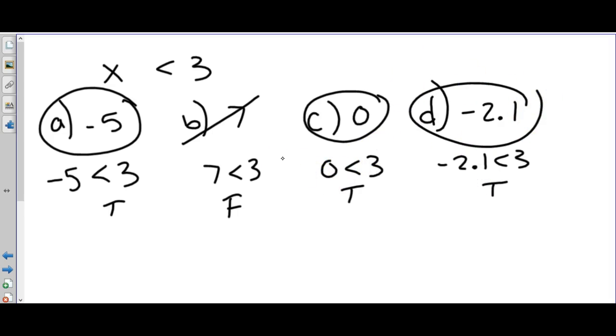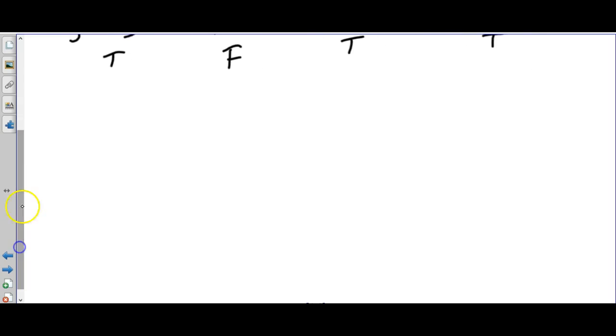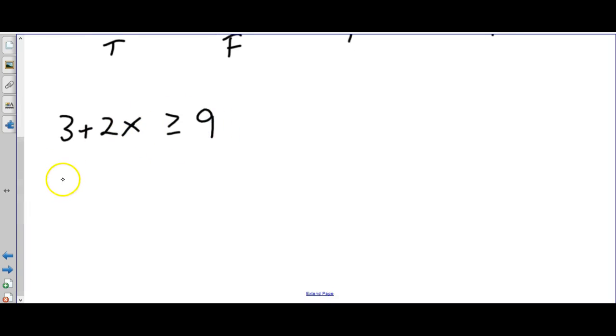So we can plug them in to check to see if they are solutions or not, even if the inequality is a little more complicated. Let's say we have 3 plus 2x greater than or equal to 9. So again, let's check some numbers and see if they work for our inequality.